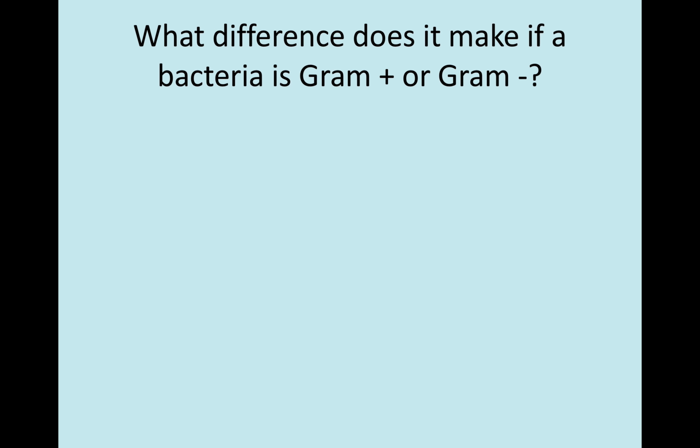So what difference does it make if a bacteria is gram-positive or gram-negative? The main reason that it's important for people going into healthcare is it aids in the choice of antibiotic used for treatment. Some antibiotics will target the peptidoglycan of the cell.